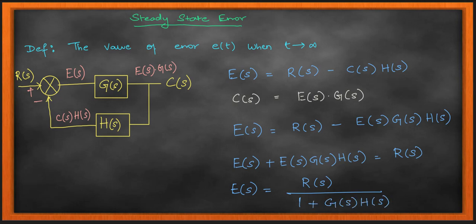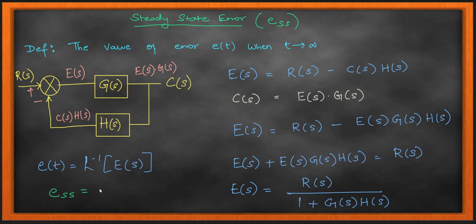So this is your E of S. And now the steady state error E of T is obtained by applying the inverse Laplace to this E of S. So the inverse Laplace of E of S is going to give you your E of T, that is the error E of T.